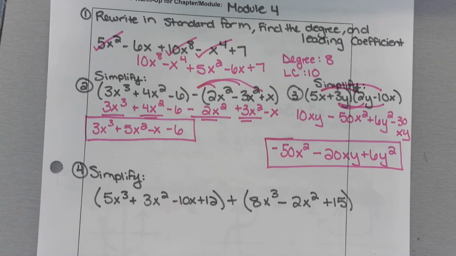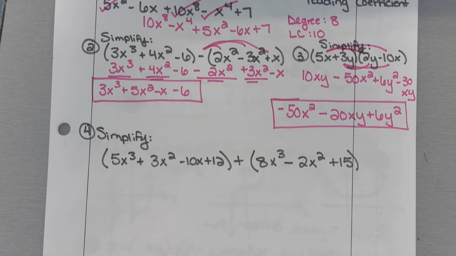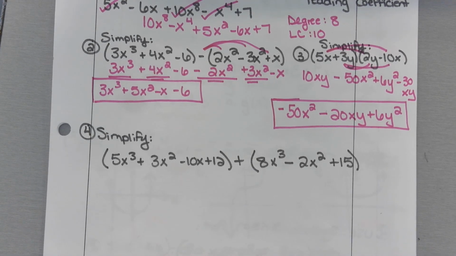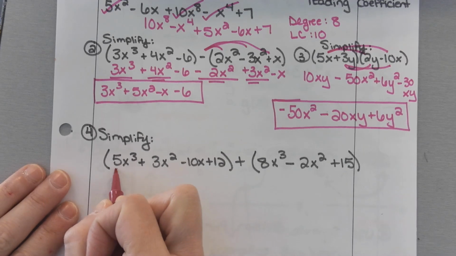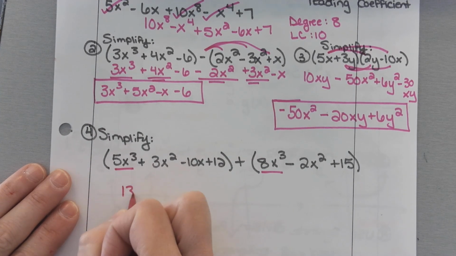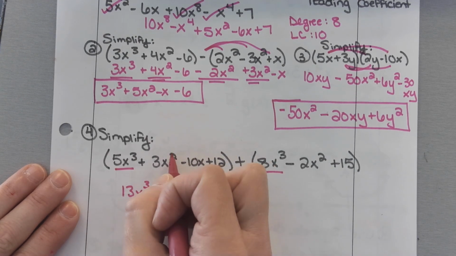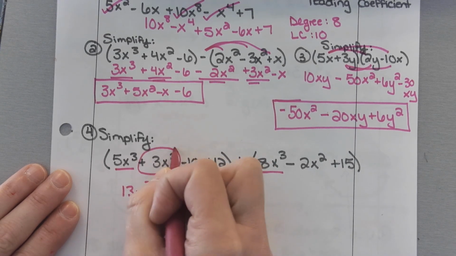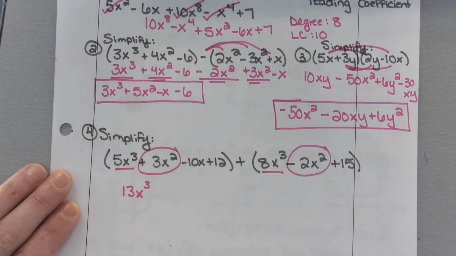All right, next. This one just says simplify. These aren't very tricky today, I don't think. 5x cubed plus 8x cubed. Yep, 13x cubed. And then I've got 3x squared minus 2x squared.